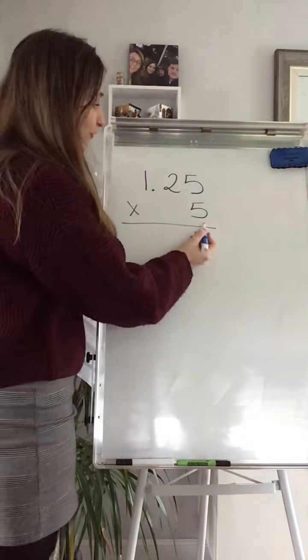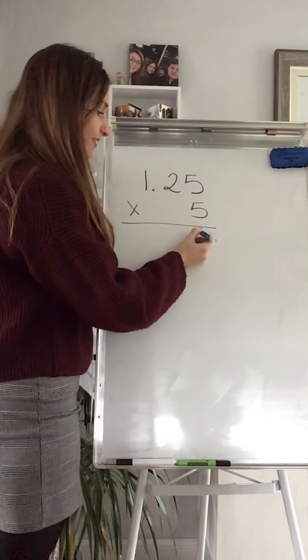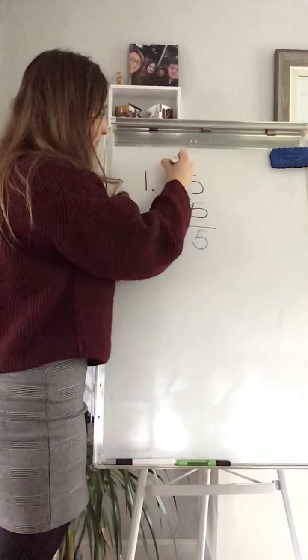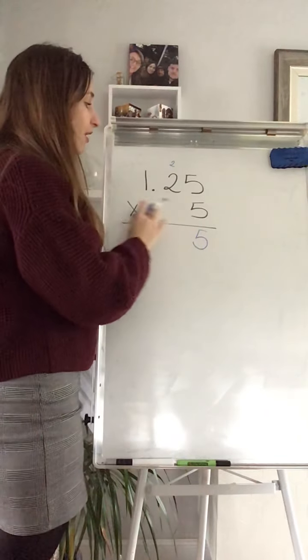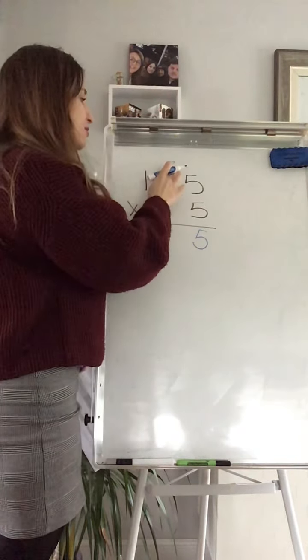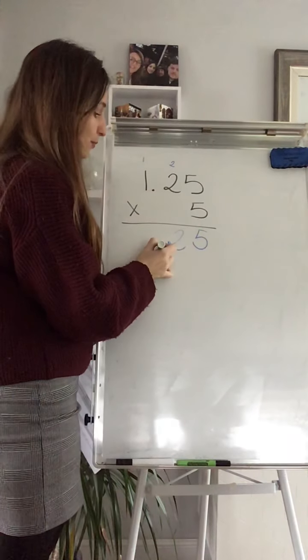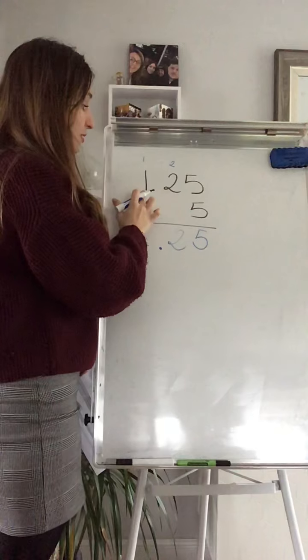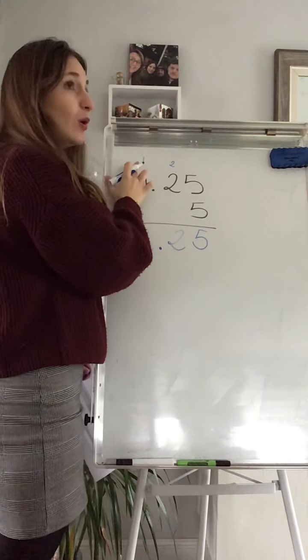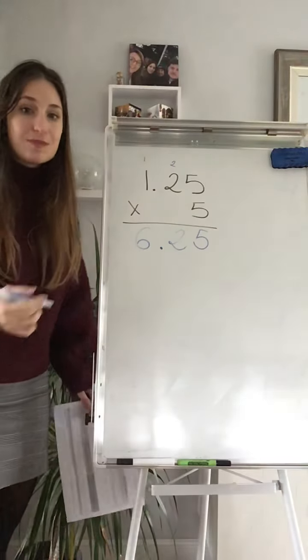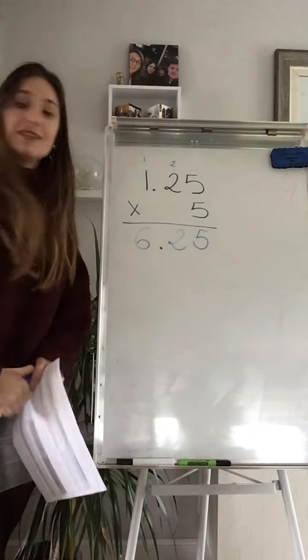Look, 5 times 5 is 25. I have the 2 with me, or I'm putting it up there. 5 times 2 is 10, add 2 is 12. Decimal point. 5 times 1 is 5, add 1 is 6. So 6.25.